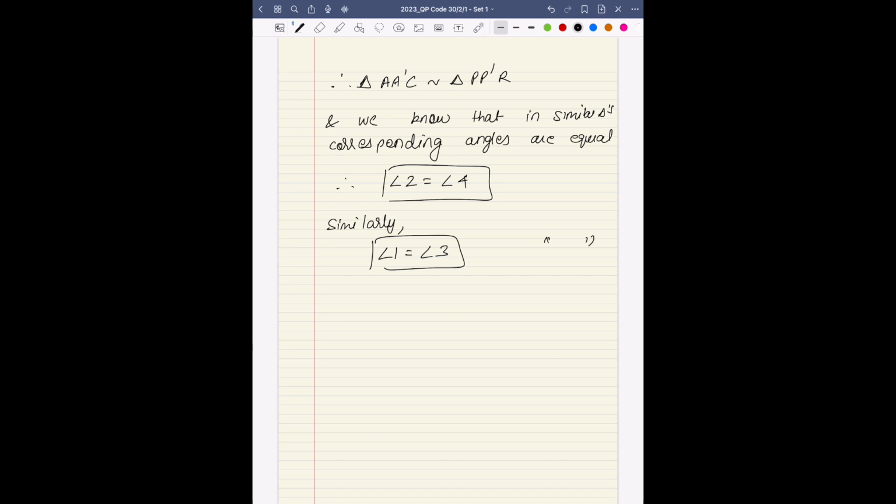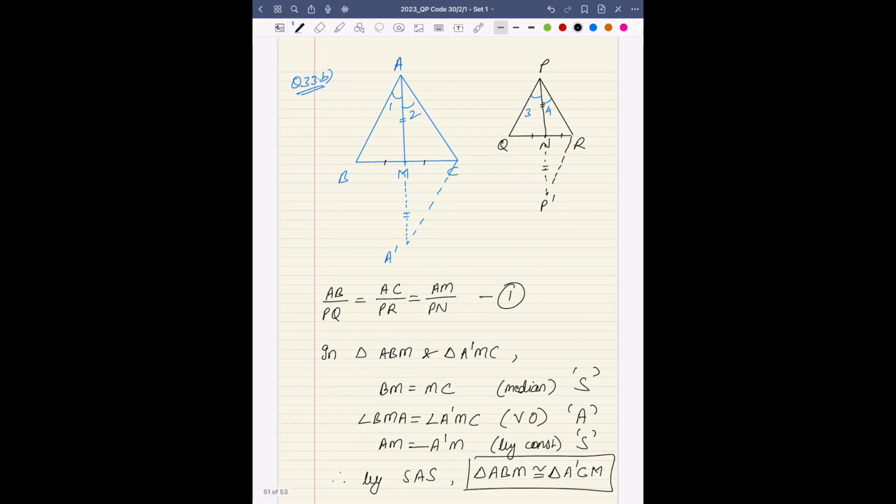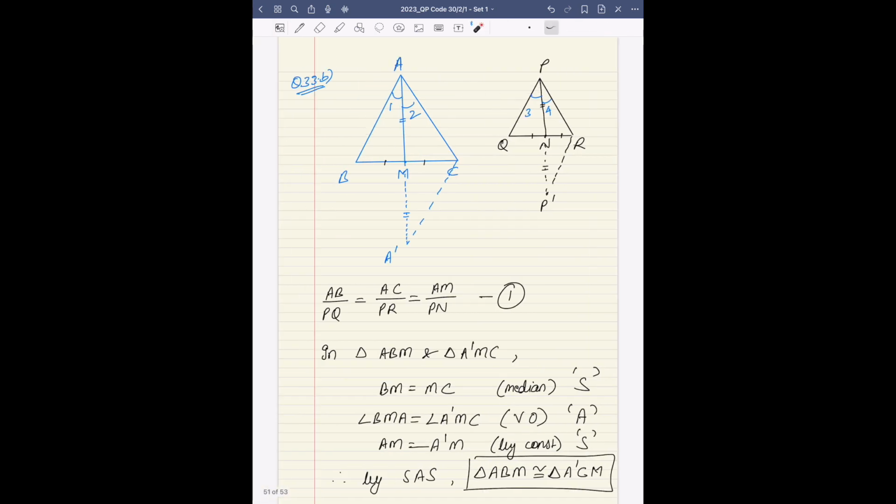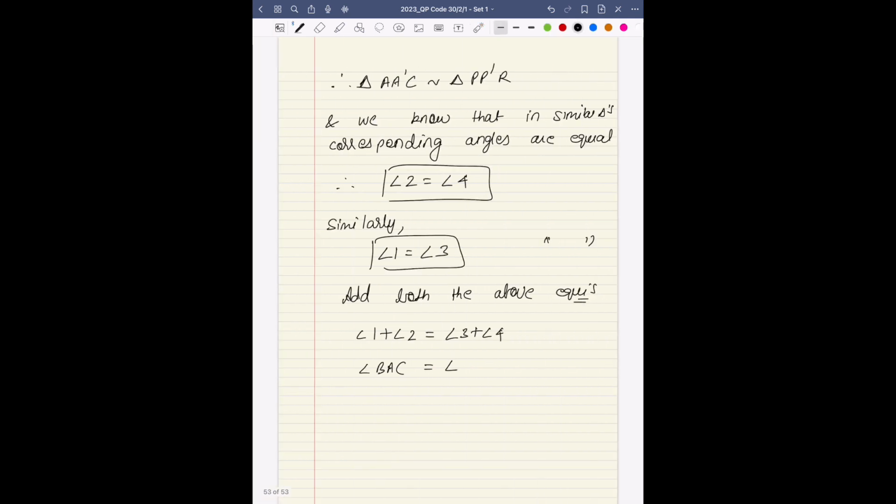Now what you do? Add both the above equations. What do we get? Angle 1 plus angle 2, LHS is equal to RHS. Correct? And what is angle 1 plus angle 2? It is nothing but angle BAC. Angle BAC is equal to angle PQR, which is 3 and 4.